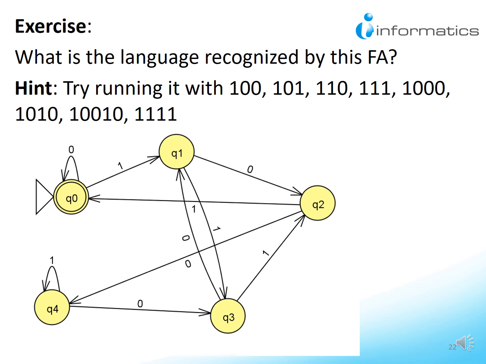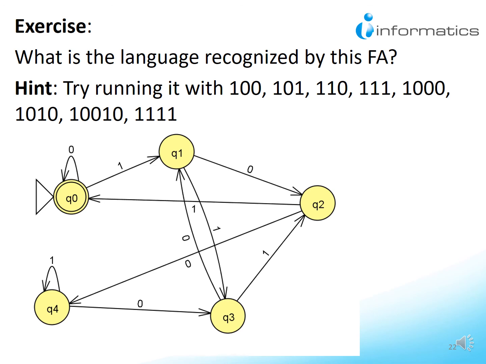It is important to try to understand the role of each state. In order to do so, try to run some test inputs and observe where the machine goes to.